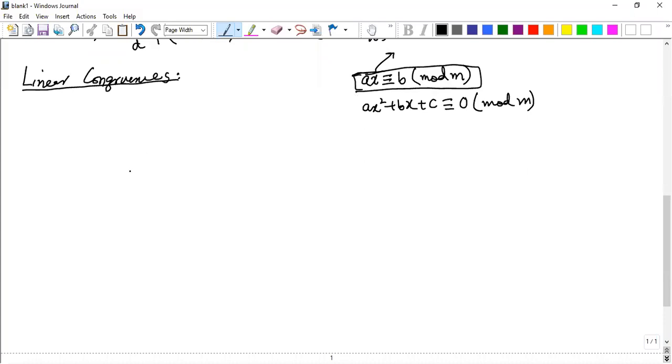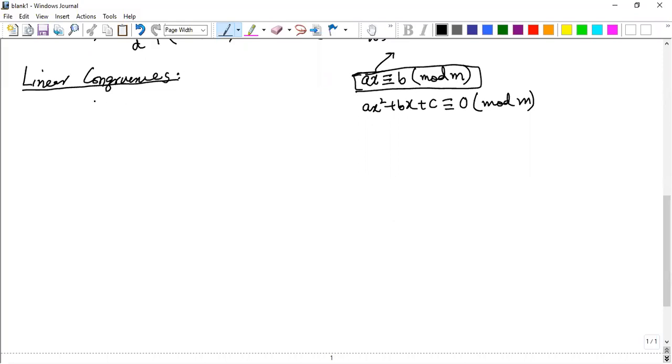There is a relationship between linear congruences and linear Diophantine equations that you have already studied in the previous chapter or in the first lecture.